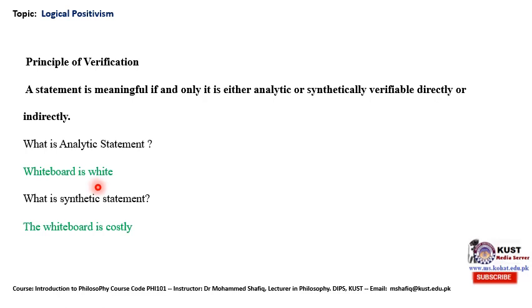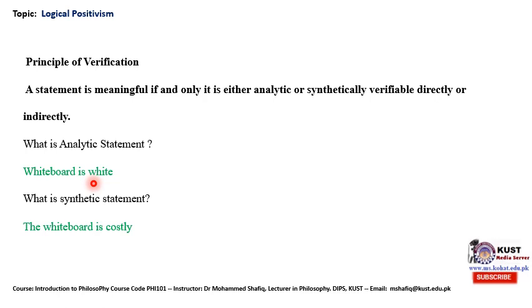So we may have another analytic statement like blackboard is black. Now the predicate black is contained in the subject. If somebody knows the meaning of blackboard, we don't need that predicate, because it's true by its own definition.